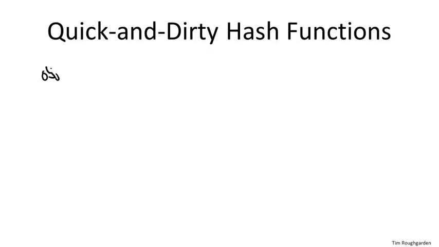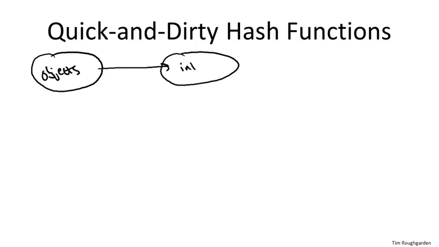So the design of a hash function can be thought of as 2 separate parts. Remember, by definition, a hash function takes as input something from the universe, an IP address, a name, whatever, and spits out a bucket number. But it can be useful to factor that into 2 separate parts. First you take an object which is not intrinsically numeric, something like a string or something more abstract, and you somehow turn the object into a number, possibly a very big number.